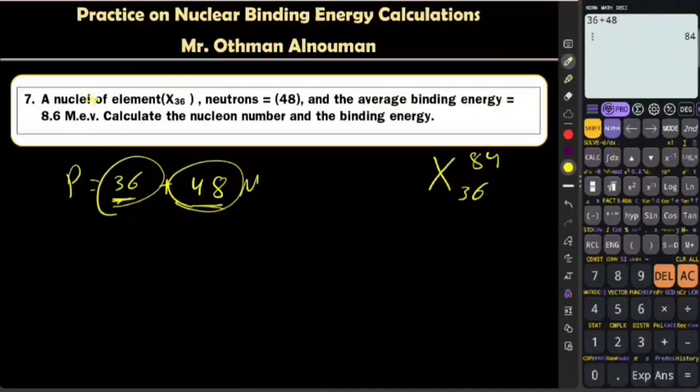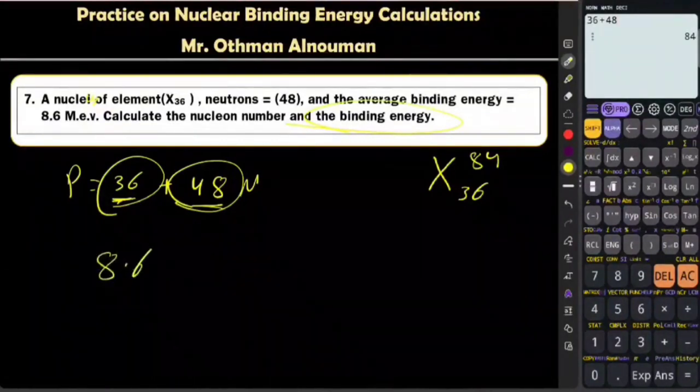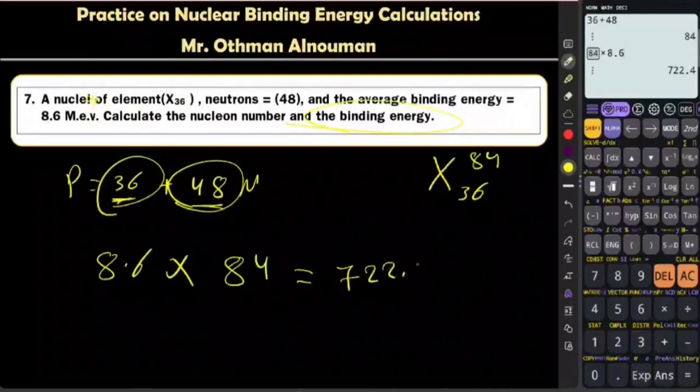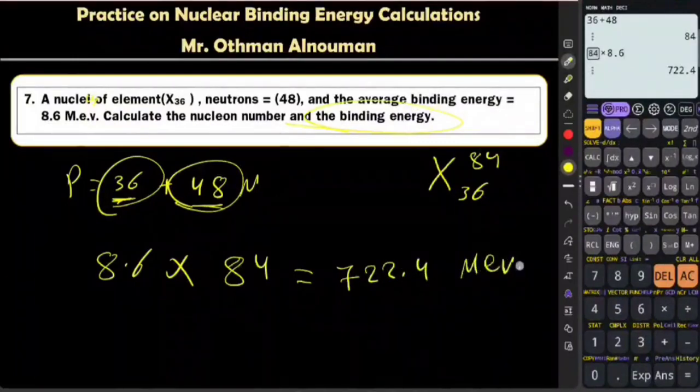To find the binding energy, we are going to multiply the average binding energy, which is 8.6, times the nucleon number, which is 84. 84 times 8.6 equals 722.4 million electron volt.